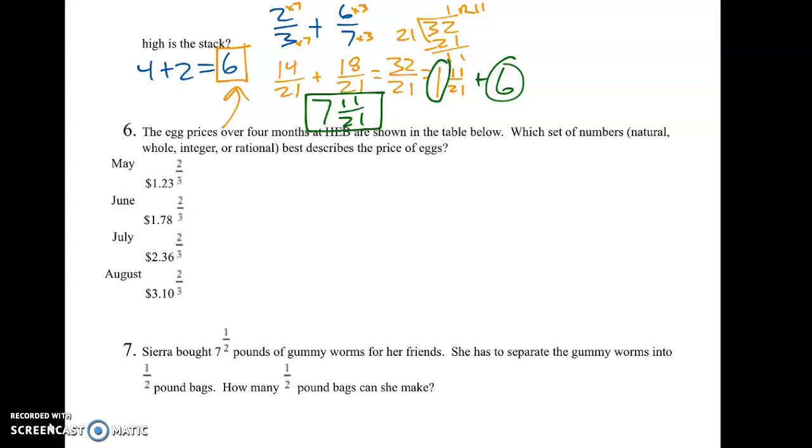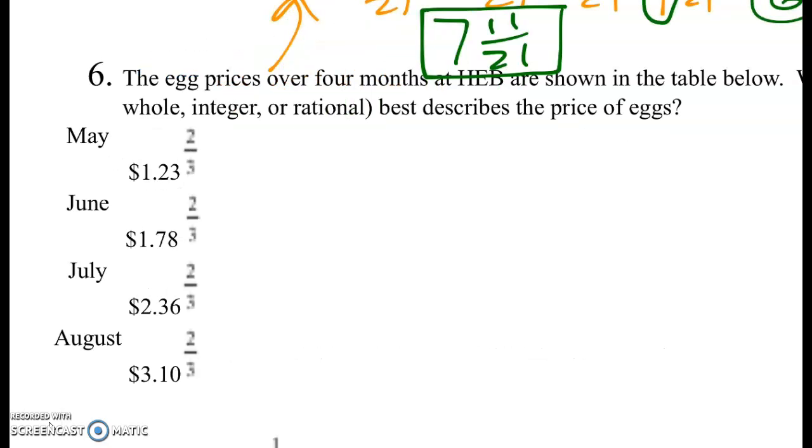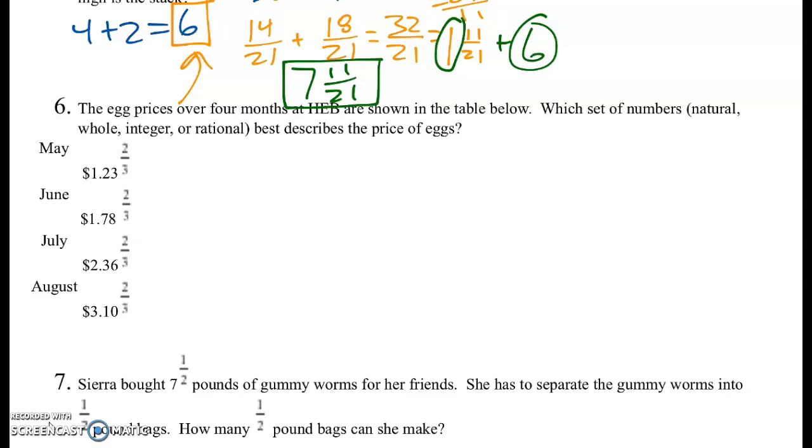I'm not 100% sure why my table looks this way, but here's what I do see. I see 2/3 4 times. I don't know why. And then I see 4 prices of eggs: $1.23, $1.78, $2.36, and $3.10.